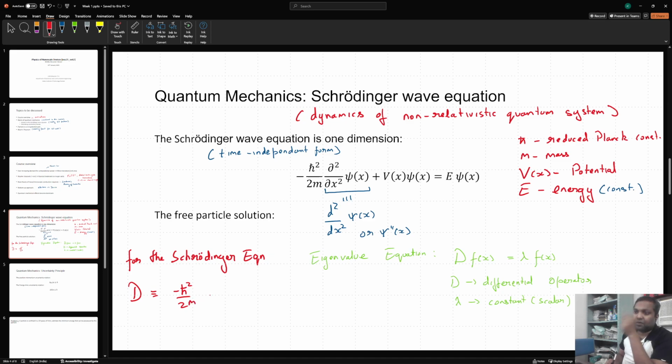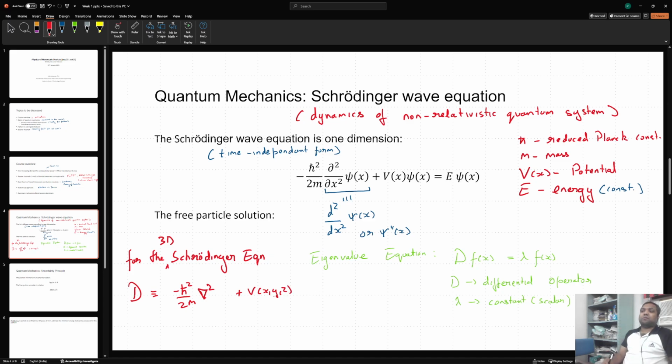In fact, if I were to write it in the 3D form, this is going to be the Laplacian plus V of x, y, z.